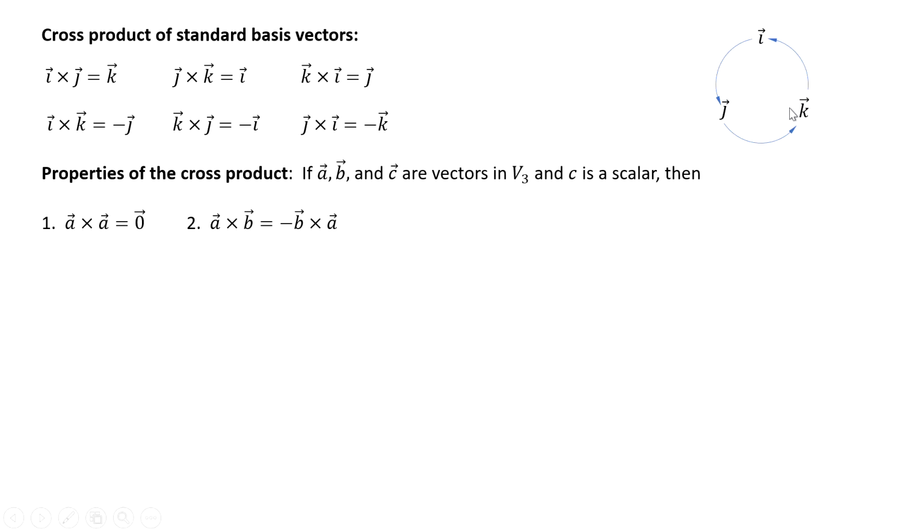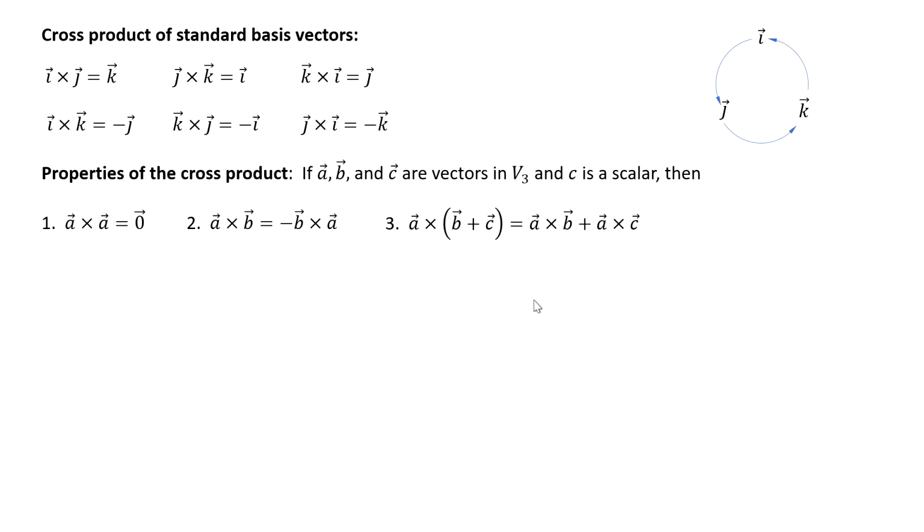Right? Here is another situation where we're seeing that. Similarly, j cross k is positive i along the grain, whereas k cross j is against the grain, we get negative i. That's another way to look at it. Okay.